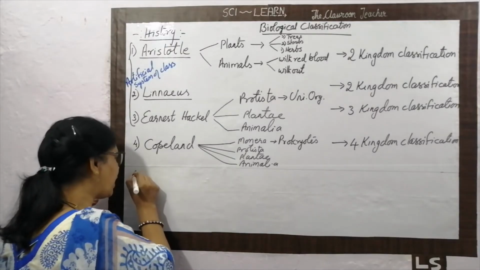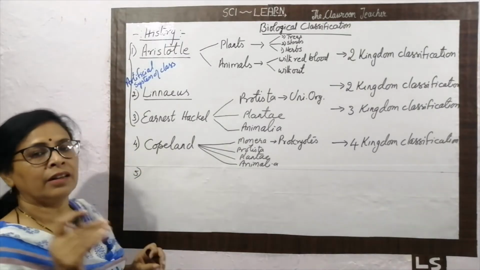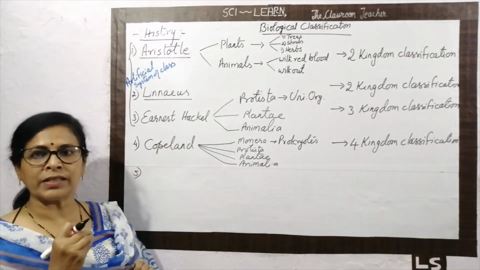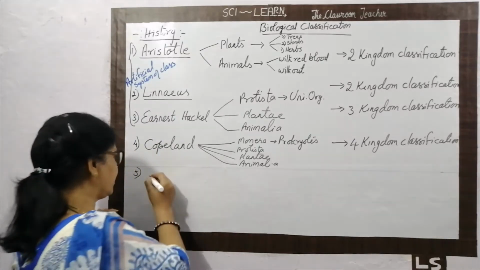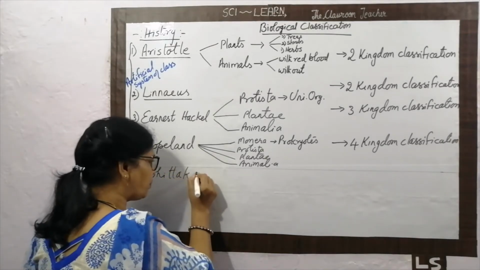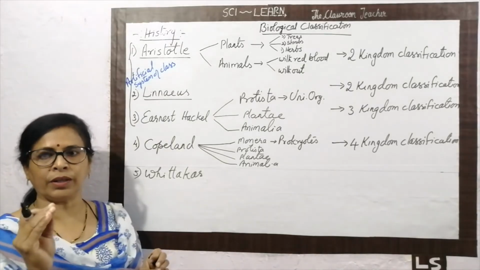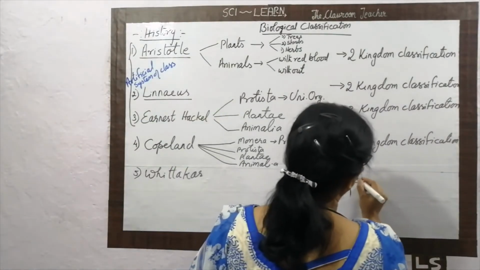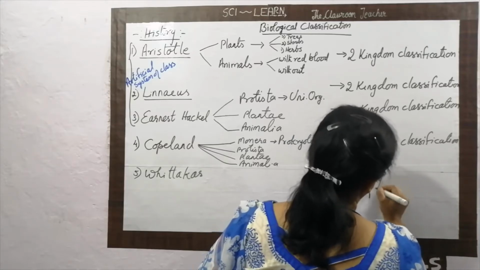After that, when a remarkable change occurred in the sequence of biological classification, one more person was added, called Whittaker. What is the role of Whittaker? Whittaker proposed the new theory, called the five kingdom classification.